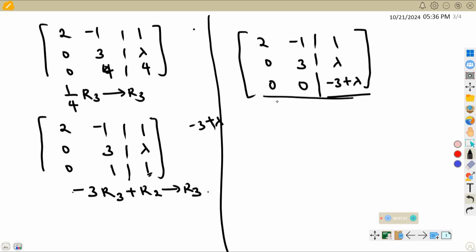So we shall say if lambda is not equal to 3, this system here is inconsistent.